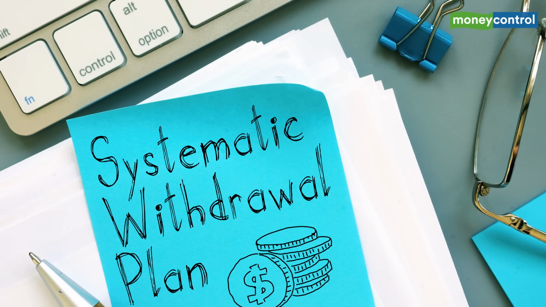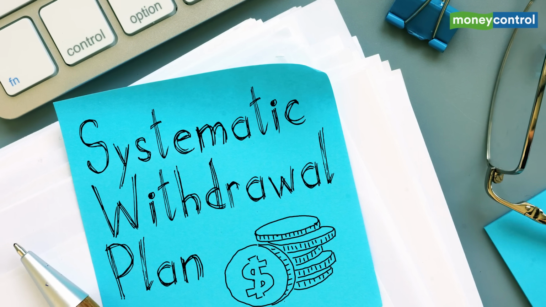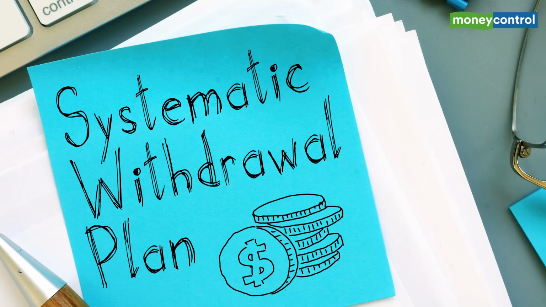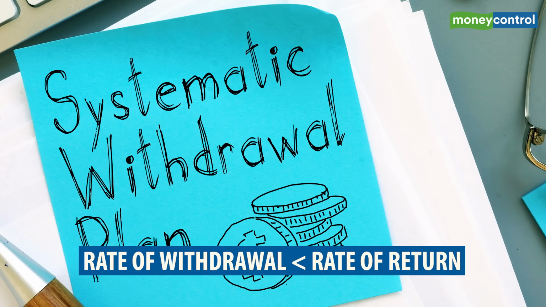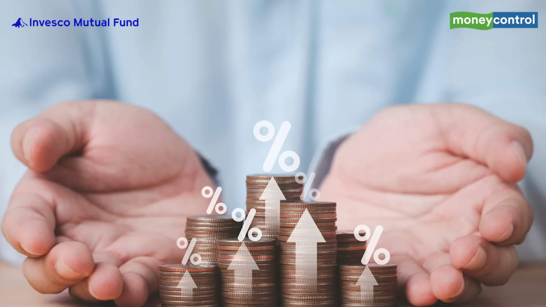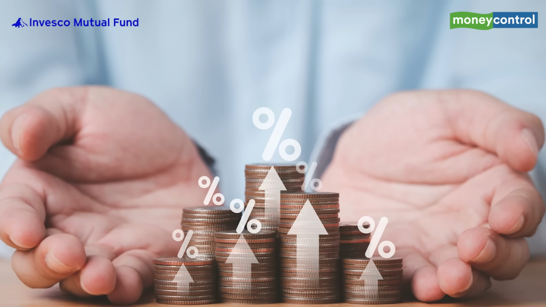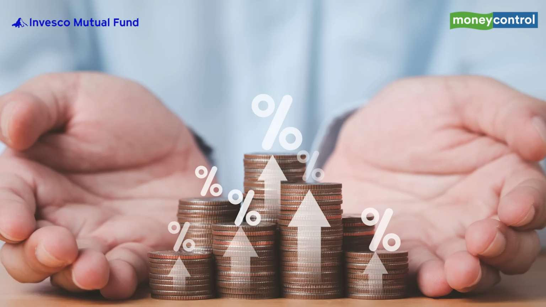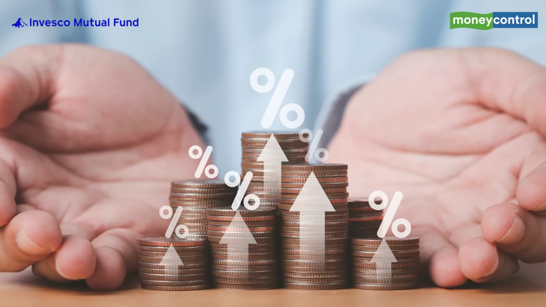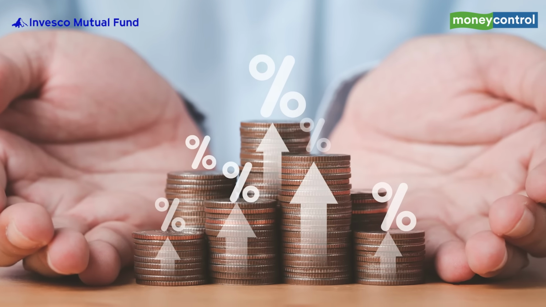In order to make your SWP last long and the balance grow, you have to keep the SWP amount such that the rate of withdrawal is lower than the rate of return. If your rate of withdrawal is lower than the rate of growth, again depending on the asset class you have invested, you could have a higher corpus at the end of your withdrawal period term.